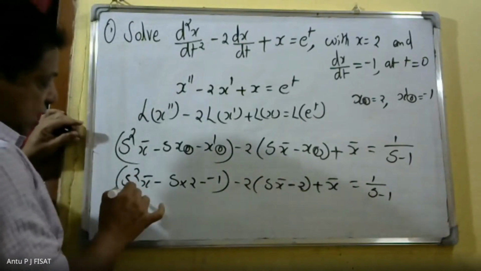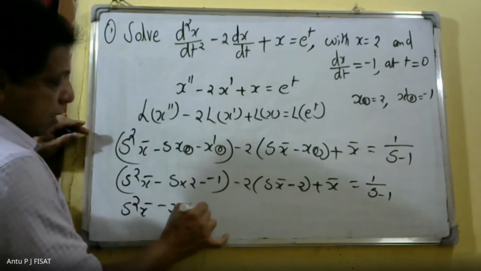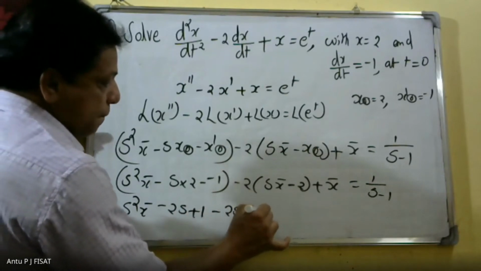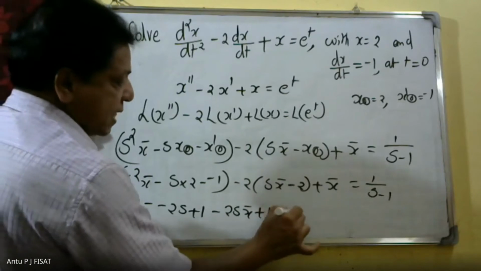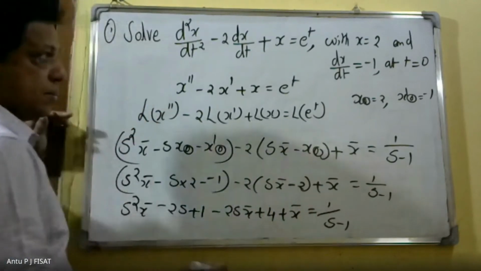That is s square x bar minus 2s plus 1 minus 2s x bar plus 4 plus x bar is equal to 1 by s minus 1.